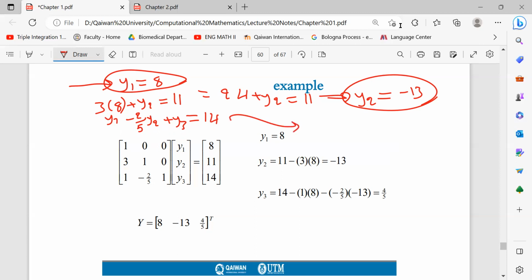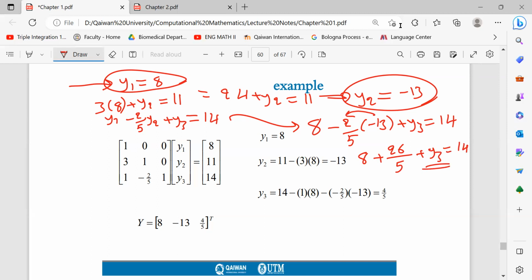We multiply negative 13 by minus 2 over 5 and get 8 plus 26 over 5 plus Y3 equals 14. We move these two to the other side, and Y3 is 4 over 5. That's it.